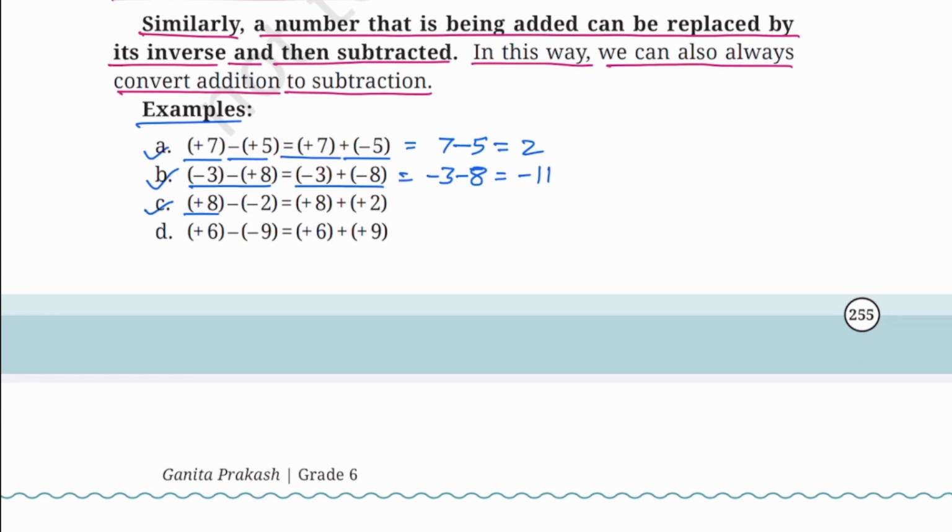C. Plus 8 minus minus 2 is equal to plus 8 plus 2, which is equal to 10. D. Plus 6 minus minus 9 is equal to plus 6 plus 9, which is equal to 15.